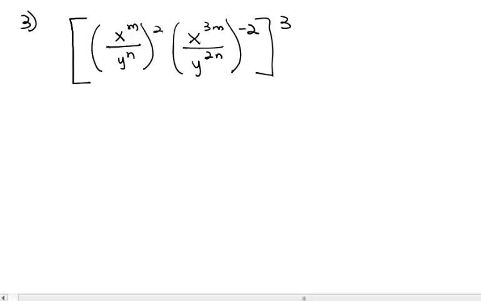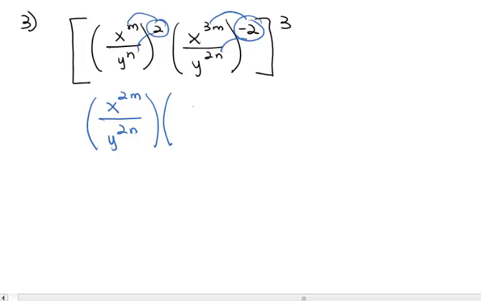So let's simplify from the inside out. Taking the 2 through onto both parts is going to give us x to the 2m, y to the 2n, times, taking the negative 2 through, we get x to the negative 6m over y to the negative 4n. All that's still cubed.